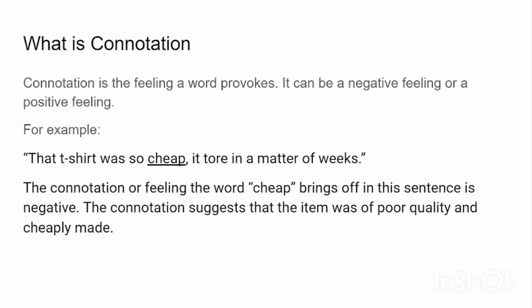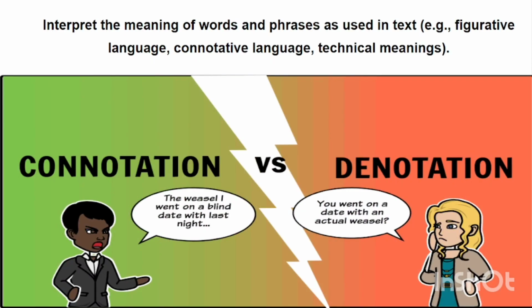I'm trying to say it isn't made well. It's not made properly at all because it tore so quickly. So I think it's so cheap, right? That's the feeling it provokes. That's what the picture was trying to say. Denotation is the literal meaning of a word, and connotation is the feeling it provokes.